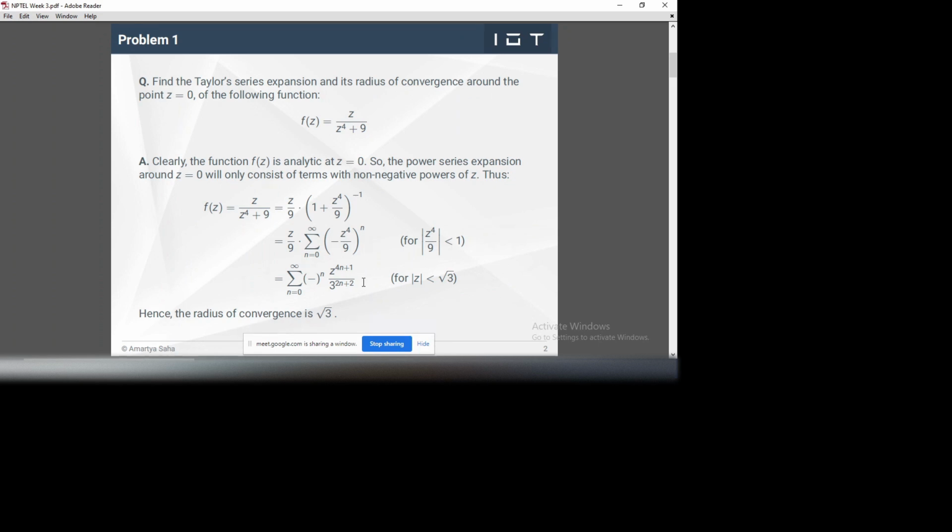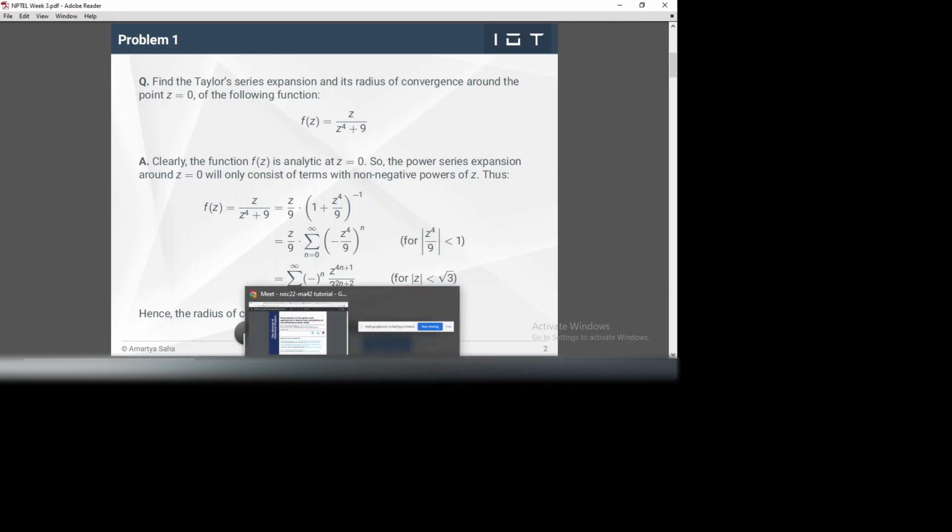We usually do not employ that method because most of the time the series expansion for the function in question is known to us from real analysis. Here it is (1 plus x) to the power minus 1, and we all know its series expansion in terms of the binomial expansion. So here we simply used that concept.